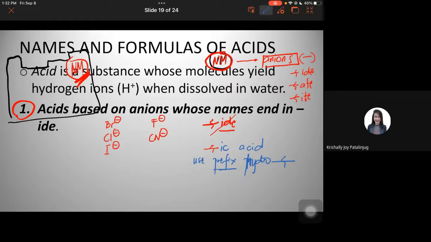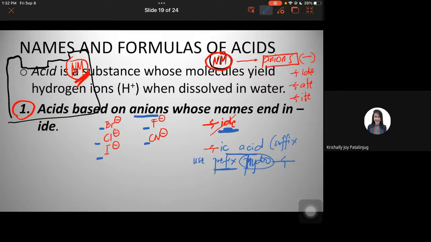The ic acid will be the suffix, because we have to change the IDE. That is the ending name of the anions, like bromide, chloride, fluoride, cyanide. So you change the IDE ending into the suffix ic acid, and for its prefix, use hydro.